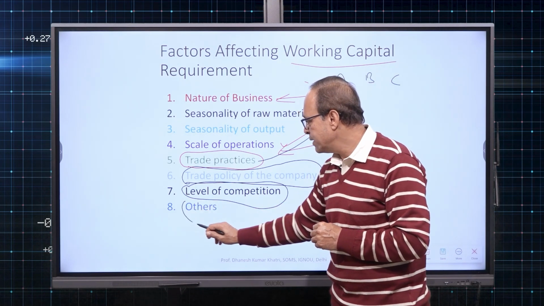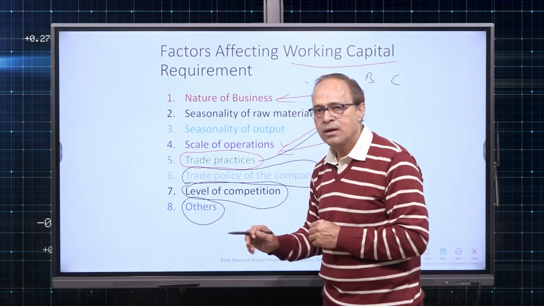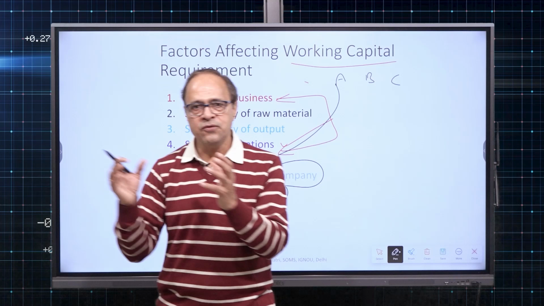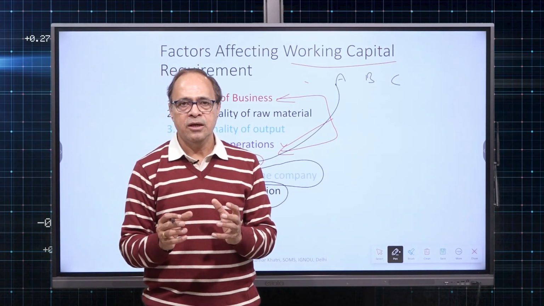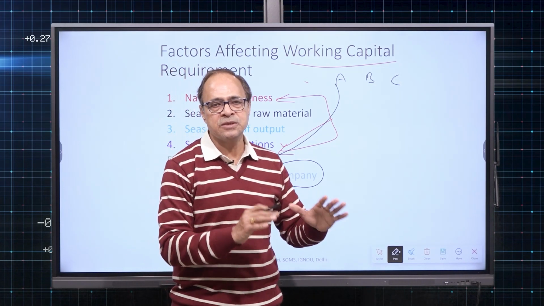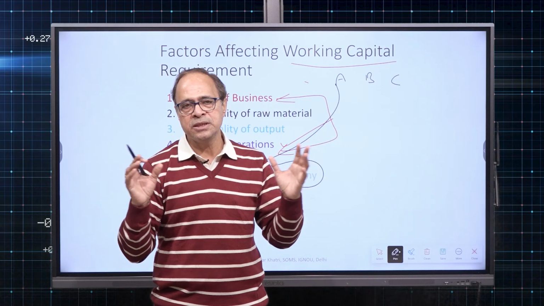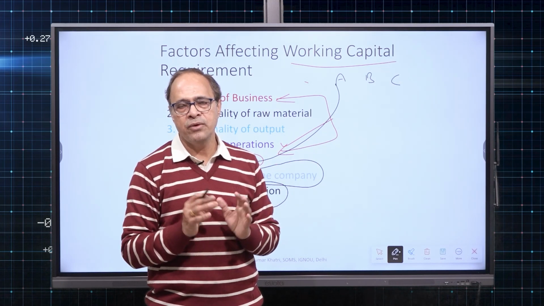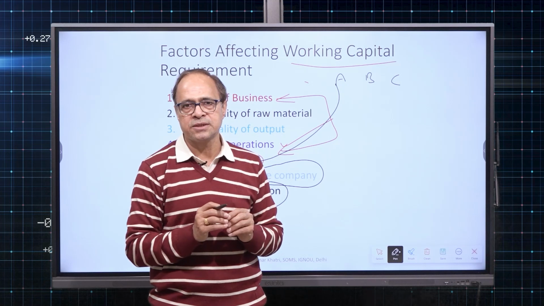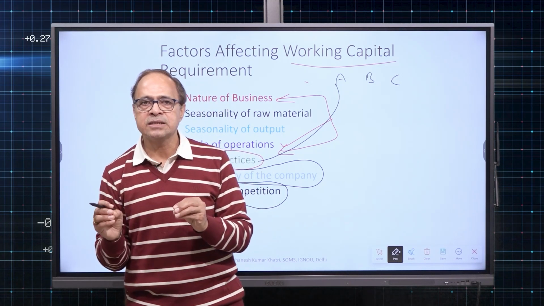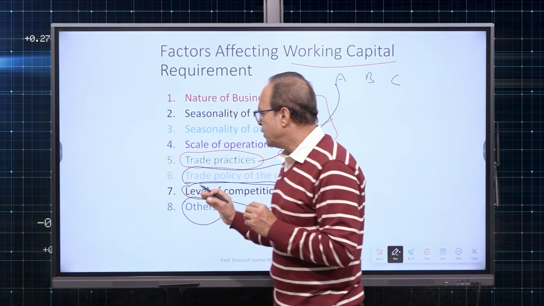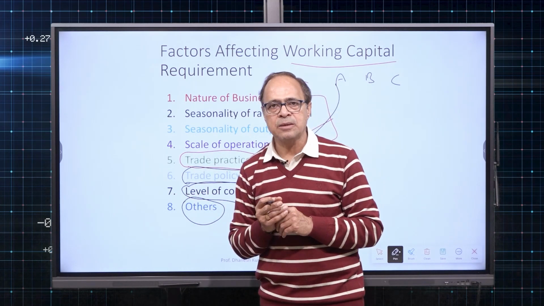Similarly, we might have other factors. Other factors will affect: are you going to get credit facility from your supplier? If suppose you are an established businessman in the market, age old business is there, then definitely suppliers might give you credit. Whereas if you are a new entrant in a business, sometimes suppliers might not give you the credit. Similarly, what is the level of competition among suppliers?